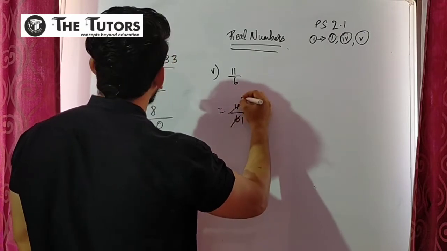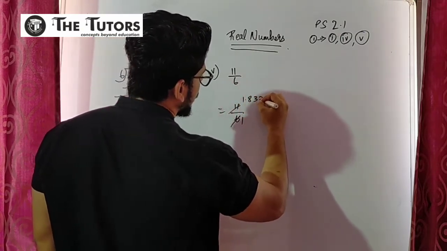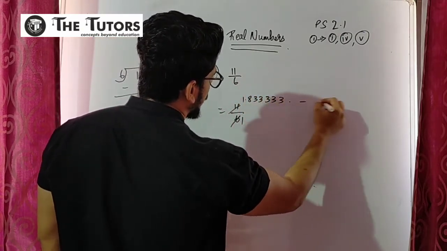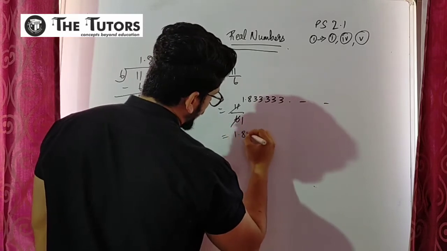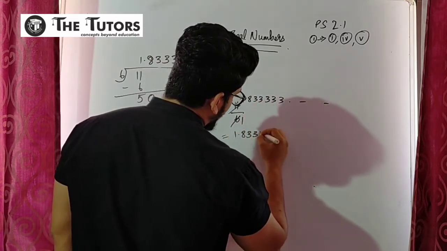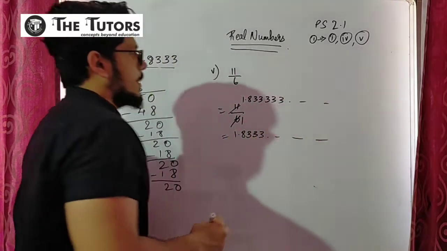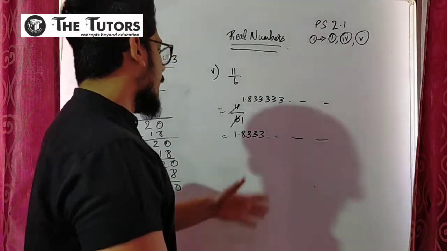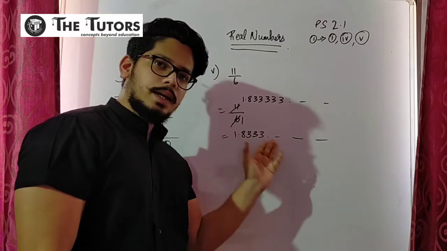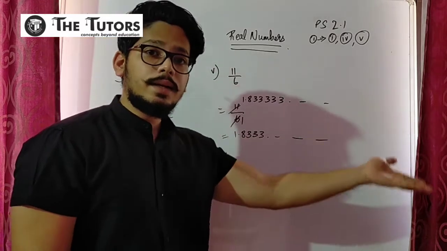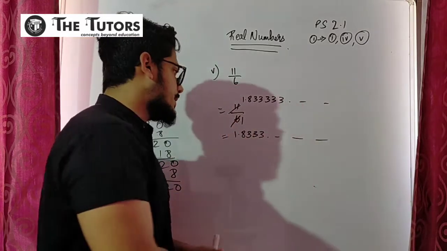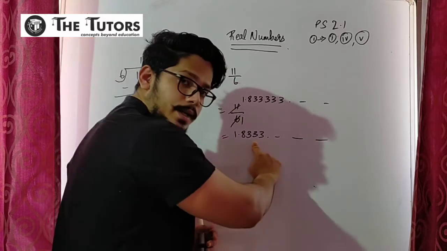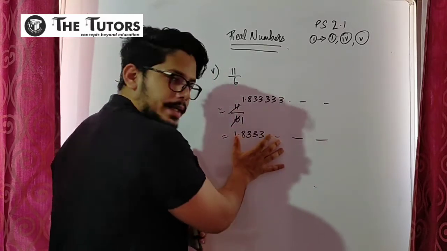11 by 6 is 1.833333 dot dot dot. Here 1.83 is not terminating, and the number 3 occurs again and again. This implies that 3 is a recurring term, which implies this whole is a recurring term.